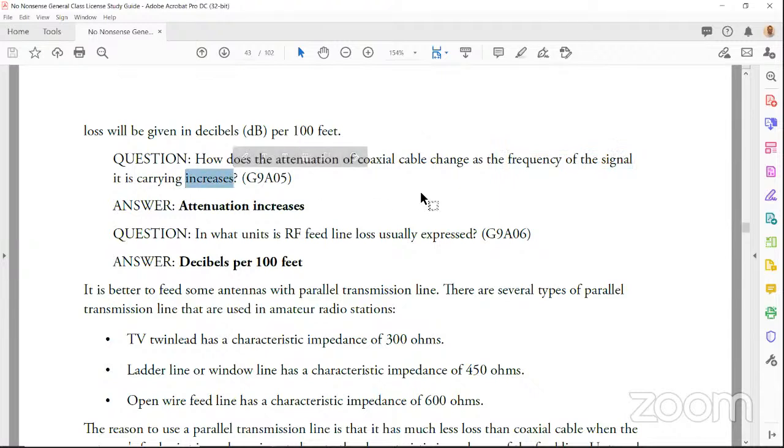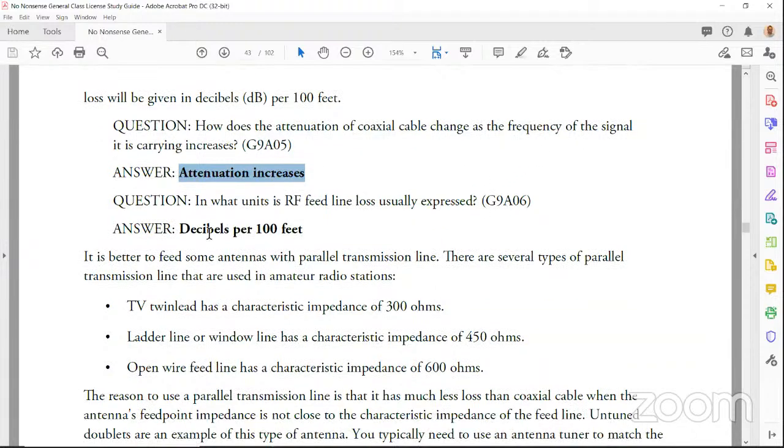So same coax cable, but we use one frequency, but then we increase the frequency to another one. How does the attenuation go? We learned that the higher the frequency, the higher the attenuation. So the answer is the attenuation increases. Higher the frequency, higher the attenuation.